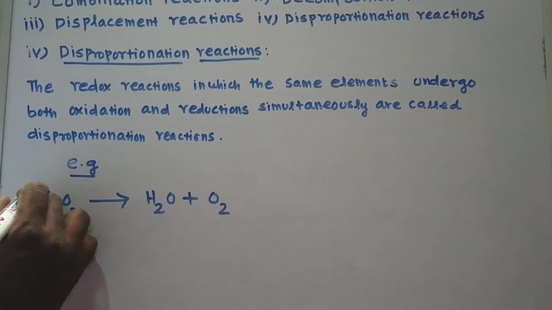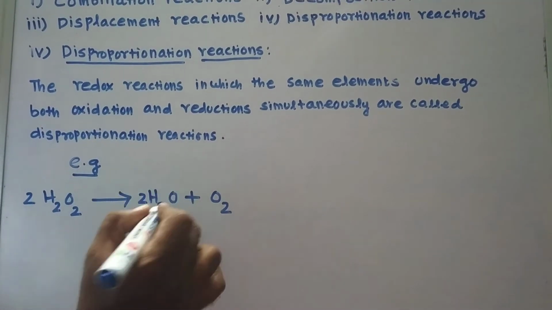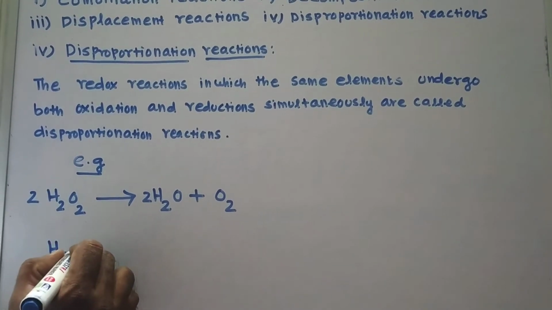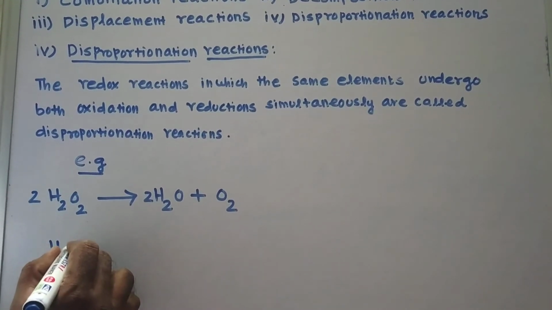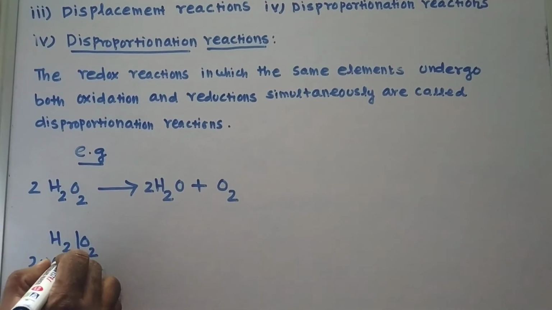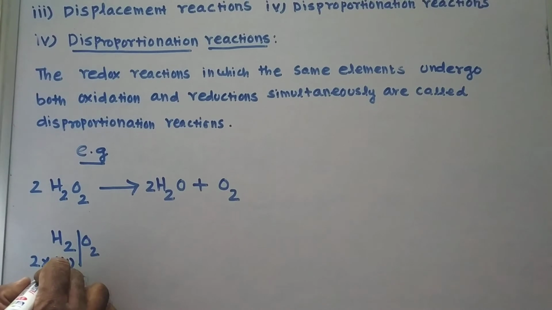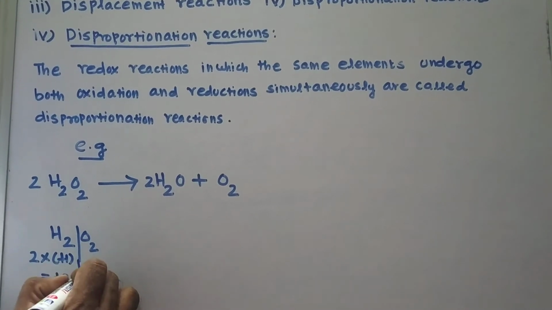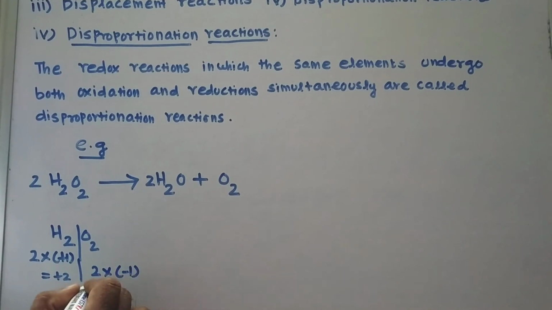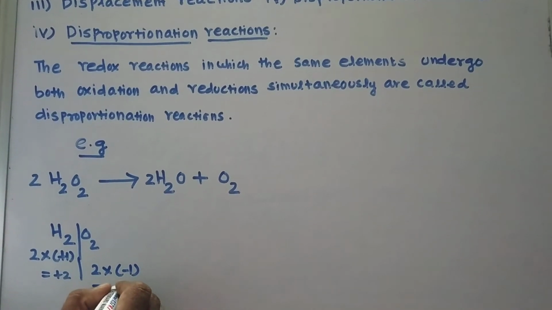To balance the equation, there is a 2 and also a 2. It's well known that in hydrogen peroxide there are 2 oxygen atoms, with hydrogen 2 into plus 1. To balance the plus 2 charge, the oxygen becomes 2 into minus 1, which is minus 2.